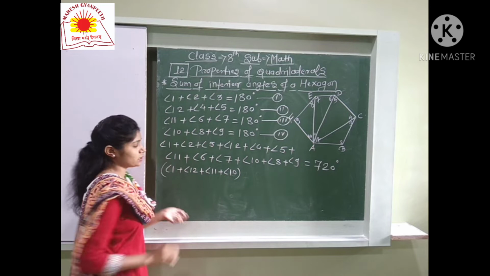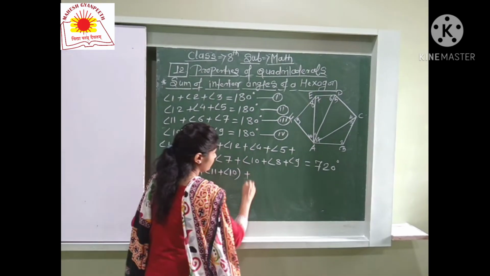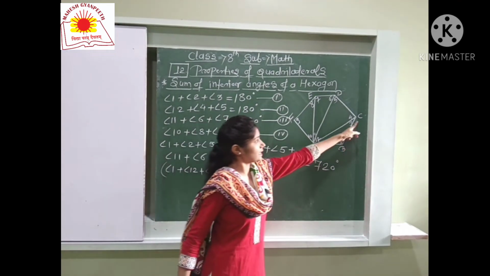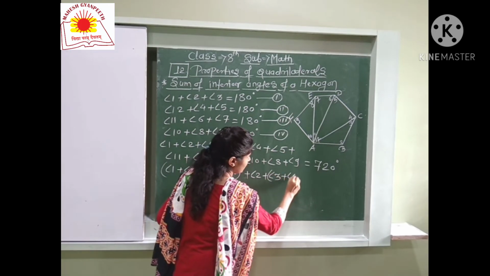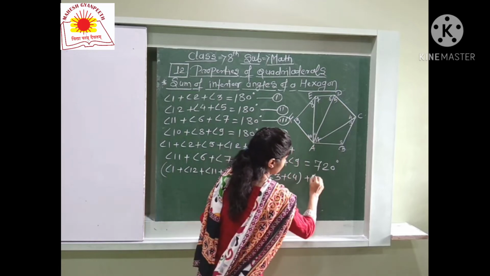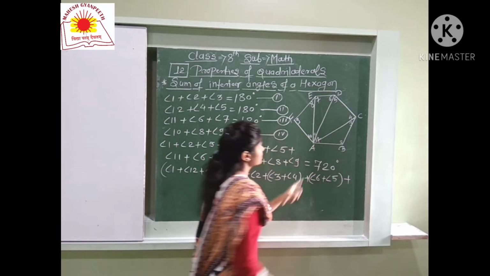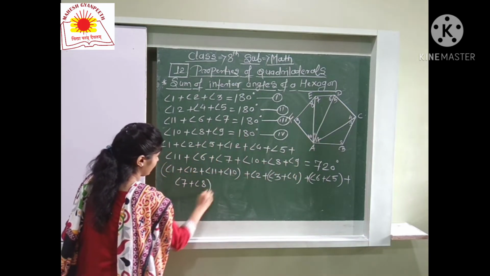Put this in a bracket, meaning you have to understand it is angle A. Then plus the next one, angle B, is angle 2. Angle C contains again 2 parts: angle 3 plus angle 4. Then angle D, angle 6 plus angle 5, then angle E, angle 7 plus angle 8.